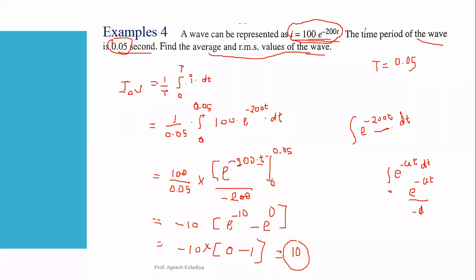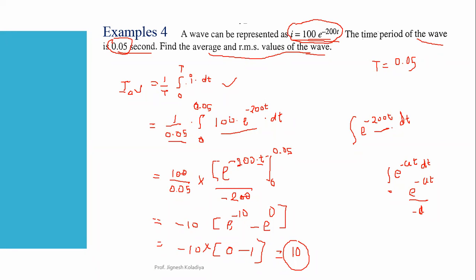Sorry, mic is off. Yes, but now you can see, this is our equation. I am putting 1 upon T, that means 1 upon 0.05, integration 0 to 0.05, and instead of i it is 100 e raised to minus 200 into t.